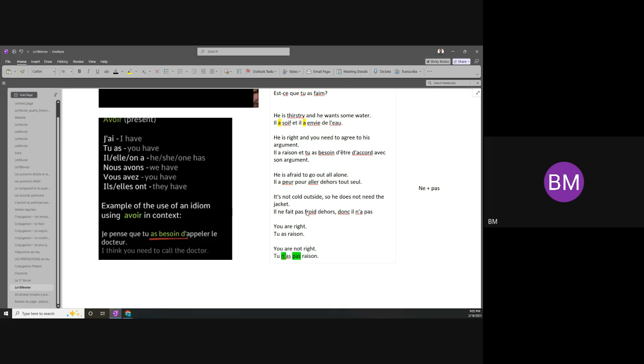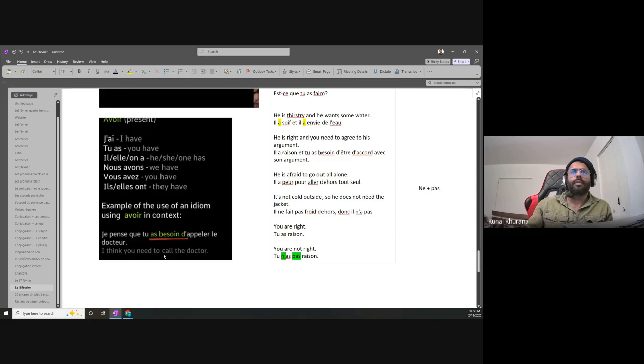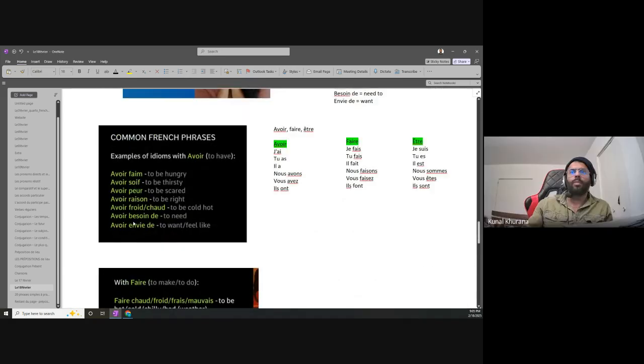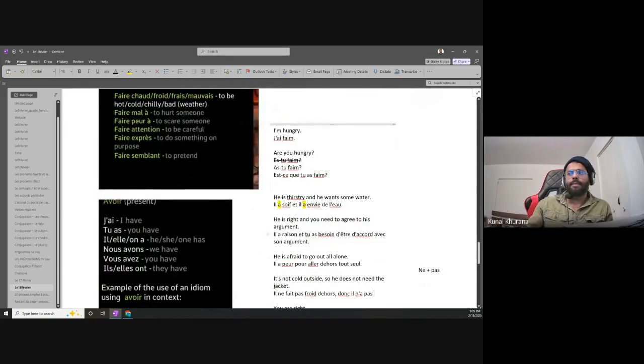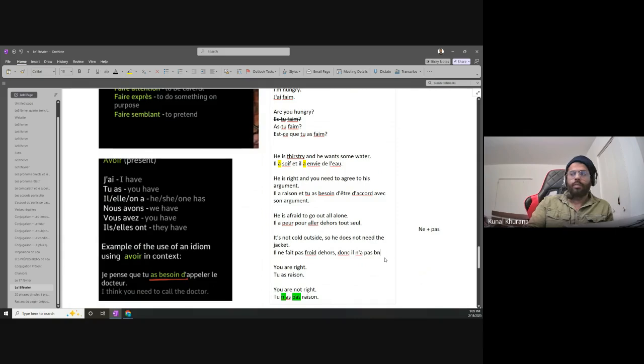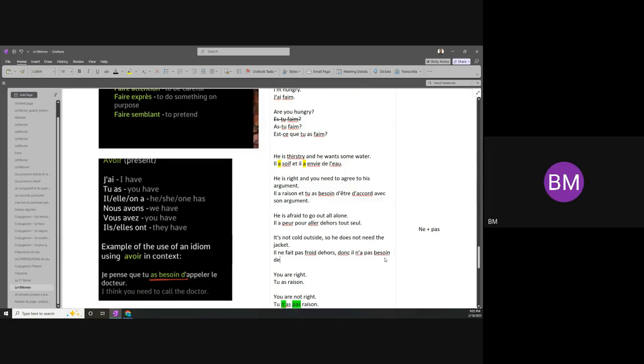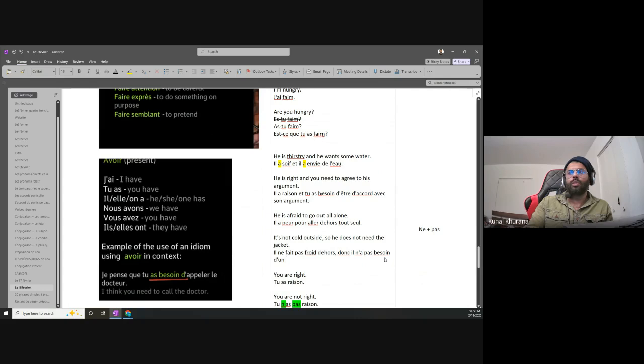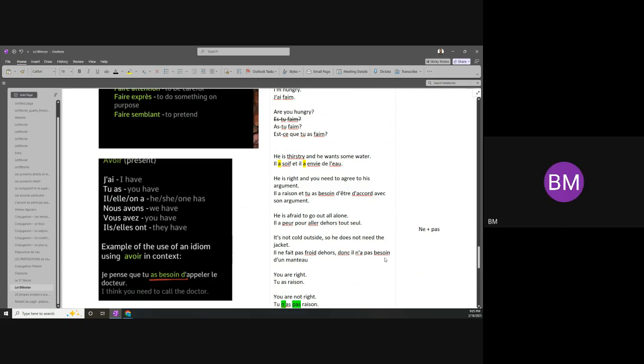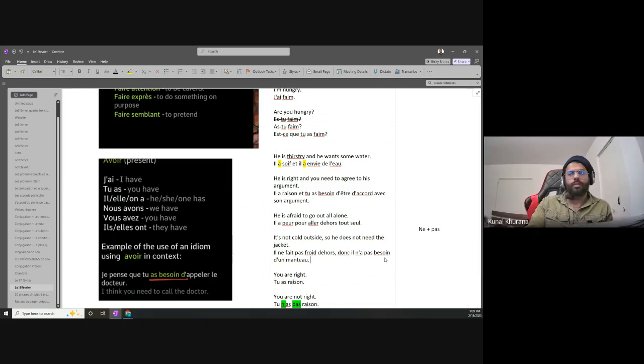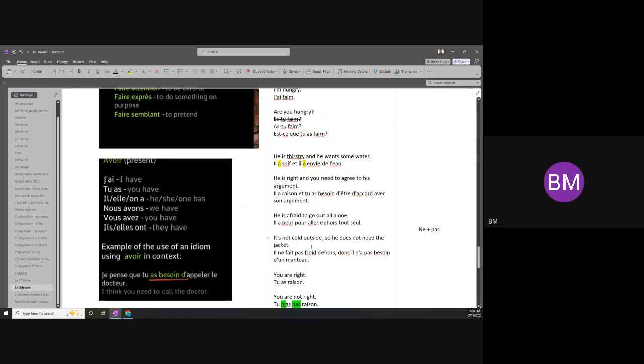Besoin de, avoir besoin de. Il n'a pas besoin d'un manteau. Manteau, jacket. D'un manteau. Besoin d'un manteau.